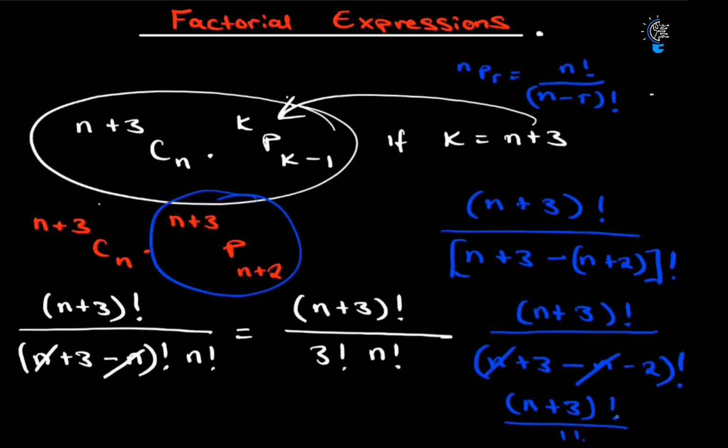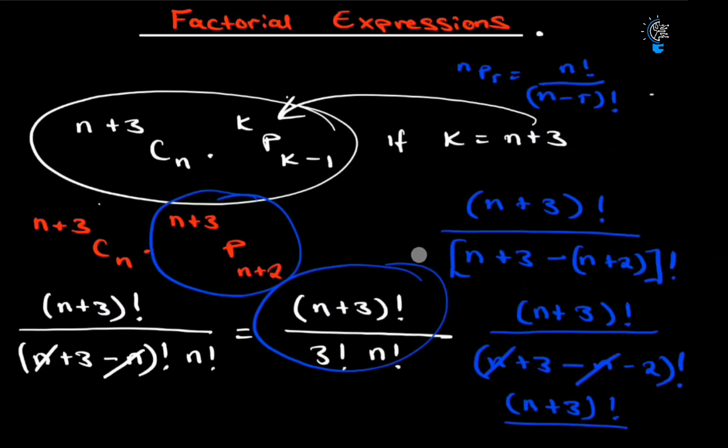Okay, so we have this one and we have that one. Let's multiply them. So let's create some space. In short, the 1 factorial we can just get rid of, and remain with that one. We know that 1 factorial is equal to 1.